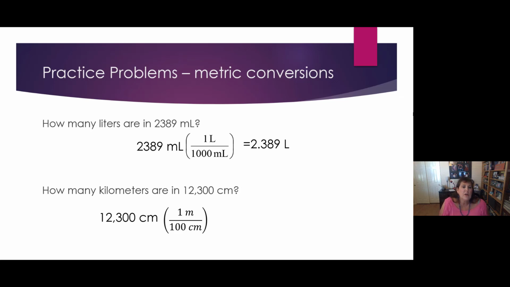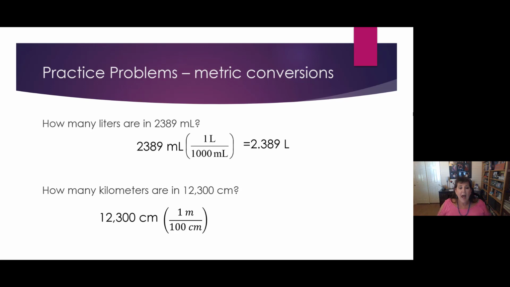Do we know a relationship between meters and kilometers? Yes, we do. Which one's bigger, kilometer or meter? Kilometer is bigger. In fact, it's really long, right? Kilometer is really long. How many meters are in the kilometer? Yeah, 1,000.